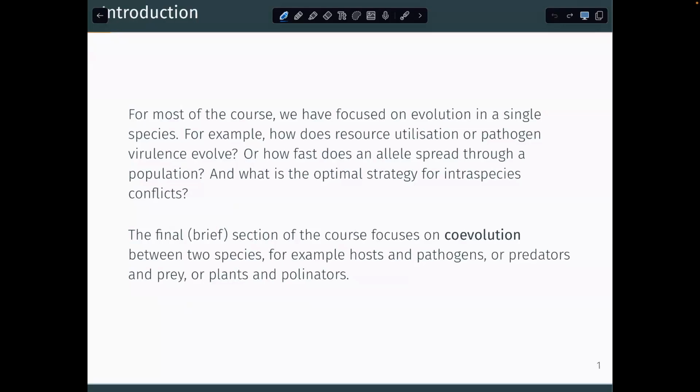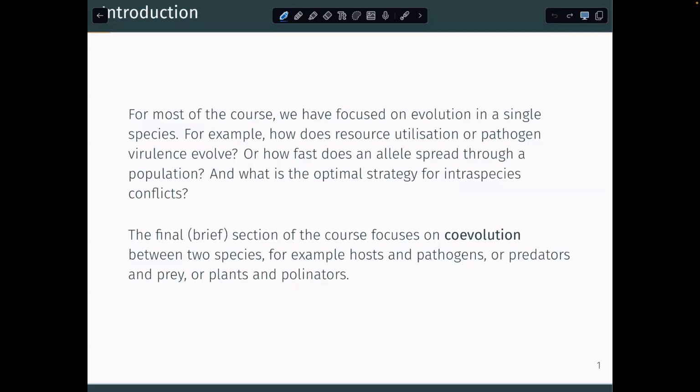We have done multi-locus models, but those would still be coming together to form a particular phenotype. We haven't been thinking about multiple phenotypes. You do it a little bit in that population genetics framework. We haven't been thinking about coevolution of things though. And I'm really going to focus on coevolution across species. You can have coevolution of traits within a species, but we're not going to talk about that today.